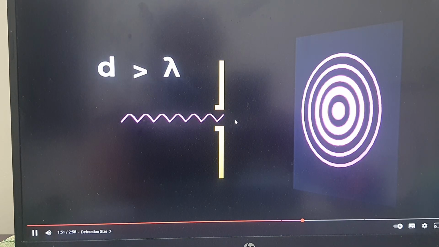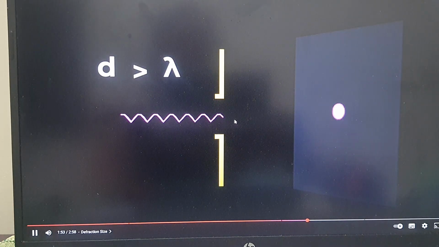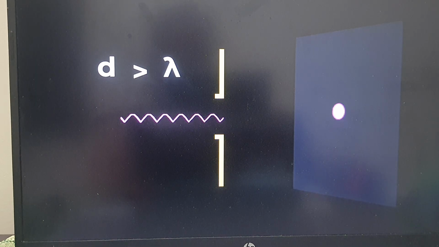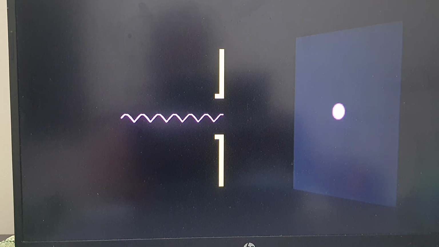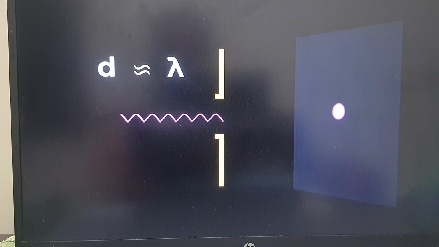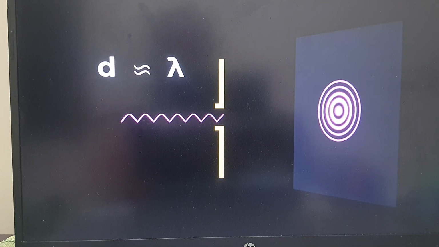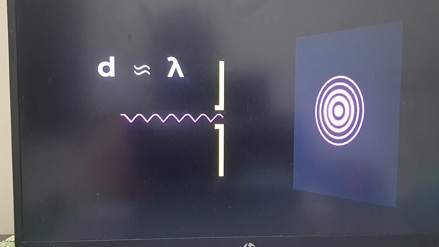If the size of the opening is much larger than the wavelength of light, the diffraction will be almost unnoticeable. However, if the opening is comparable in size to the wavelength of light, diffraction will be significant.